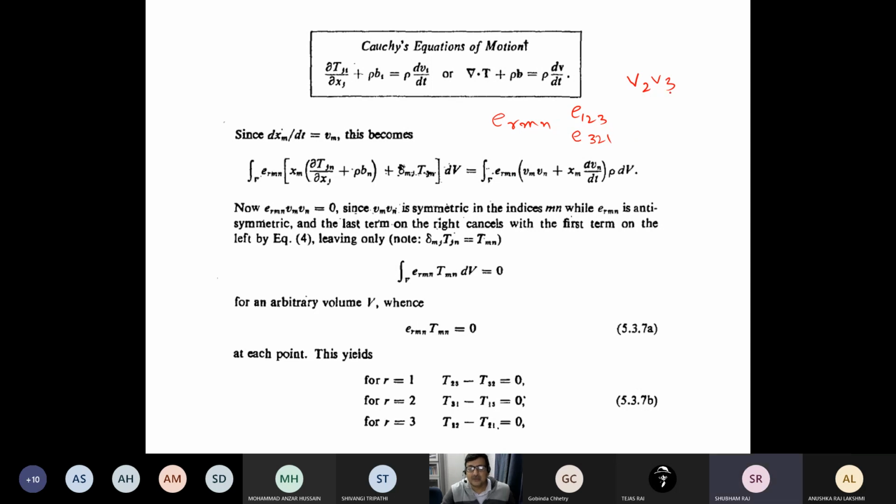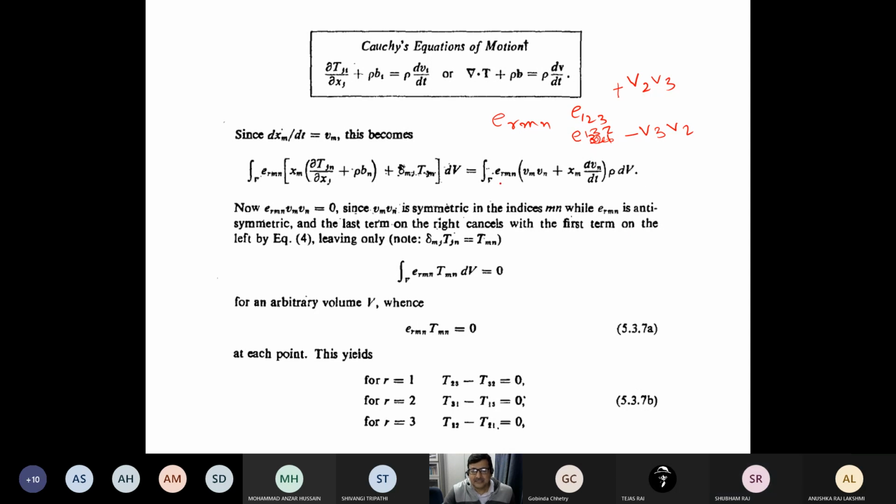In that case, what will happen to this? V2 into V1. No, sorry, what I have to write is 1,3,2. So what will happen to this? V3 into V2. Same thing, but what will be the difference between these two? This will be plus, this will be minus. So it will cancel out.